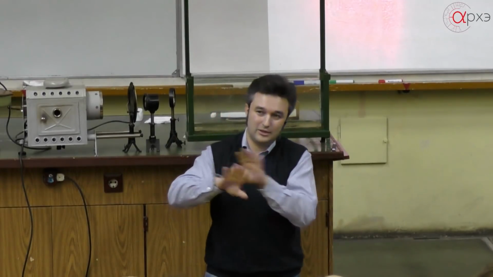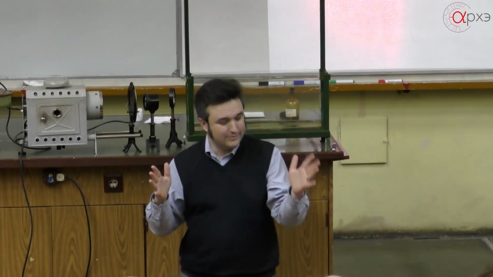So let's narrow down this range to things that can be observed with the human eye. So the human eye sees in a relatively narrow range. Now, to keep the technical details away, we see everything from red to violet or purple. I don't know the difference between violet and purple.